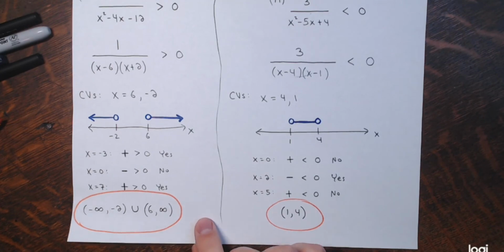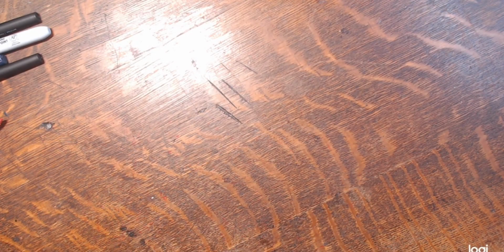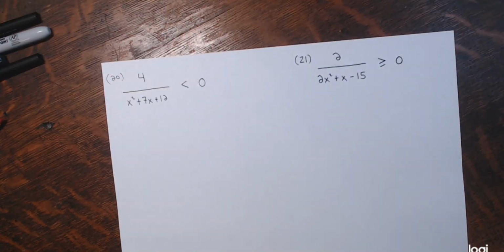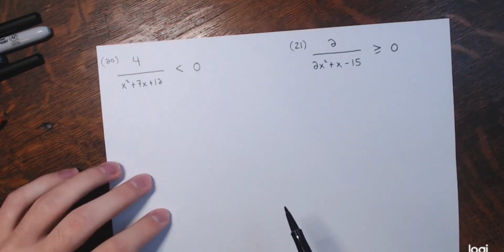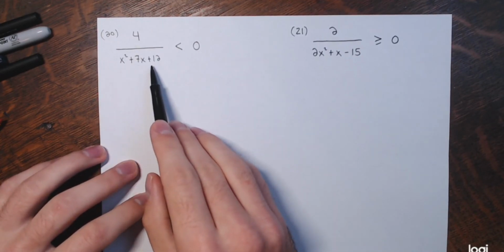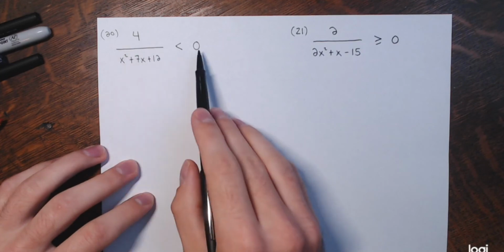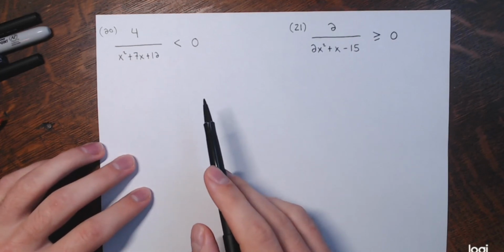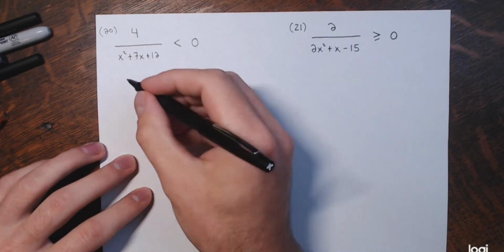Okay, so still similar stuff here for examples 20 and 21 and 22 and 23. They're all pretty similar with this number in the numerator and a quadratic in the denominator, a single fraction on the left and 0 on the right. So example 20. Numerator is 4.